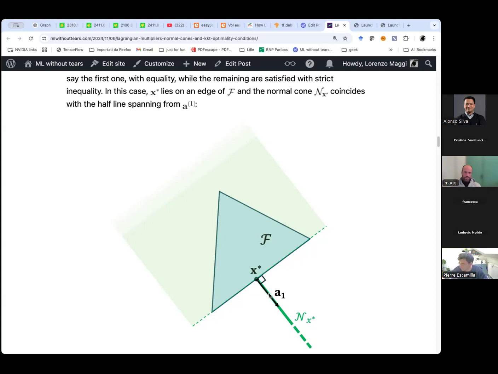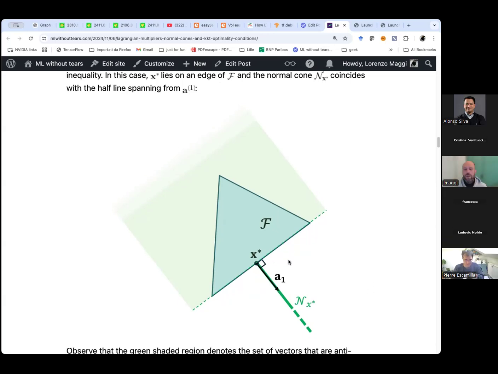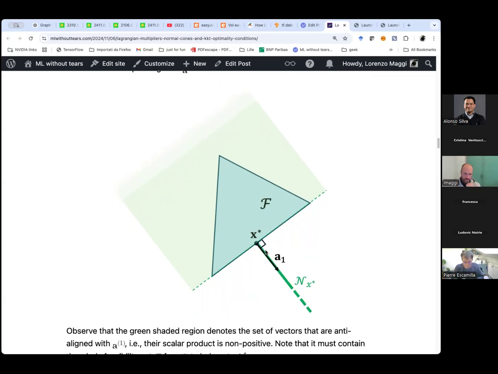So A1 is, as you all know, perpendicular to this edge, and on the other side, right? Because we want x scalar A to be smaller than B. So A has to point outside the feasibility region. So imagine that x star is here. What is the normal cone at x star? Well, this normal cone is just something that is aligned with A1.